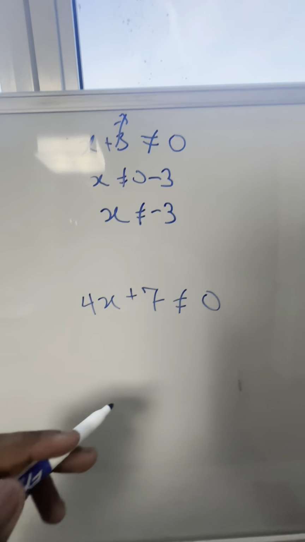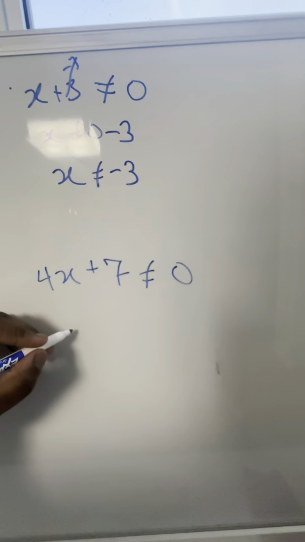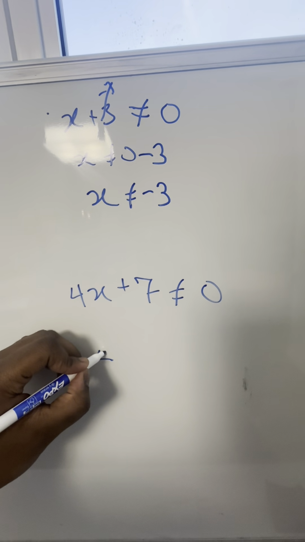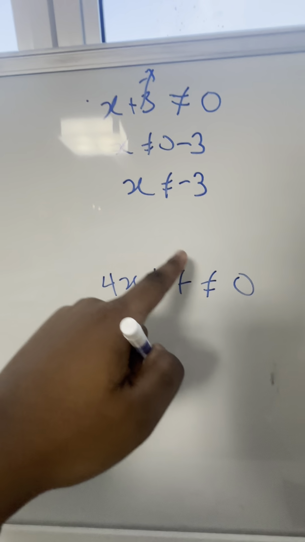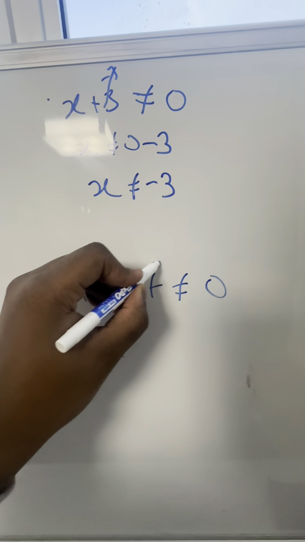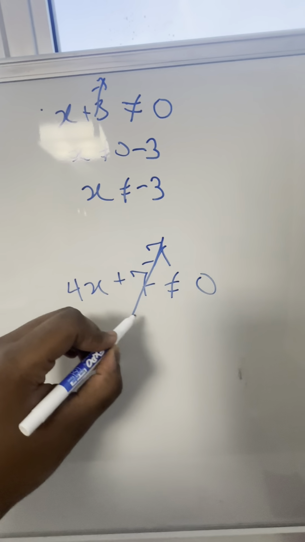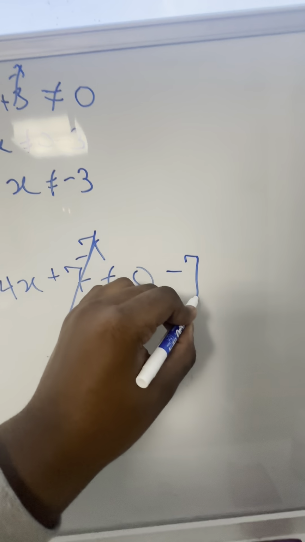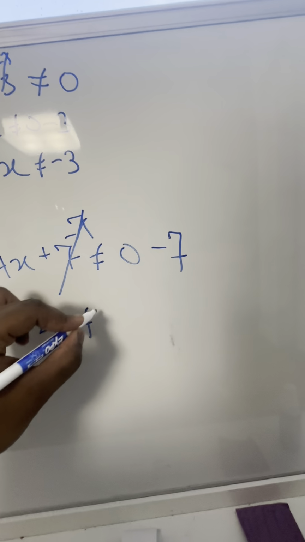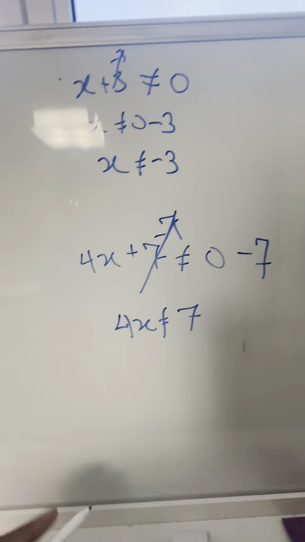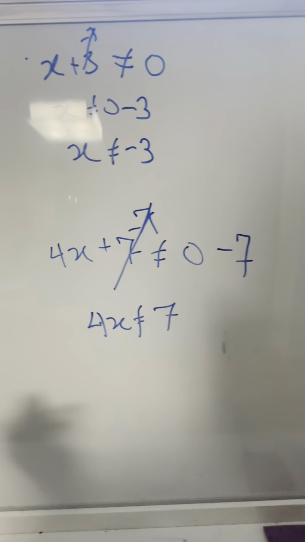And then for this, 4x plus 7, you want to isolate for the x. So first you're going to get rid of the 7. So minus 7, this cancels out, and you put the minus 7 here. So then you're left with 4x cannot equal minus 7.